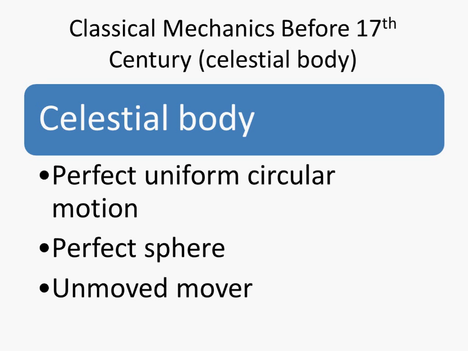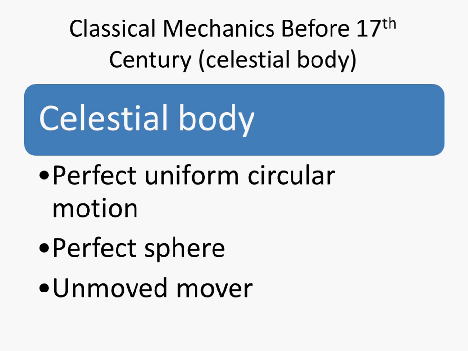and the solution is that there is an unmoved mover to push these stars in a circle. The reason is that if you ask who pushes a body, then you can also ask who pushes the object that is pushing the body.